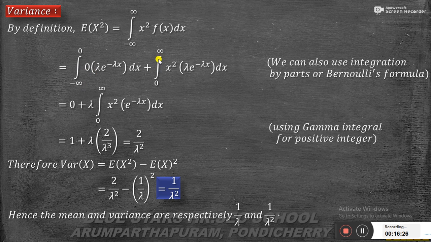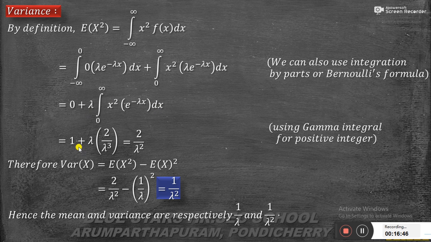Plus next, the integral from 0 to infinity represents the first limit, where f of x is lambda e power minus lambda x, so x square lambda e power minus lambda x dx. In the next step, 0 plus lambda written outside: lambda times integral 0 to infinity x square e power minus lambda x dx.